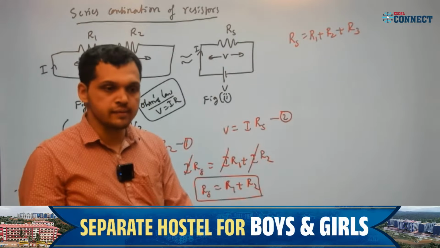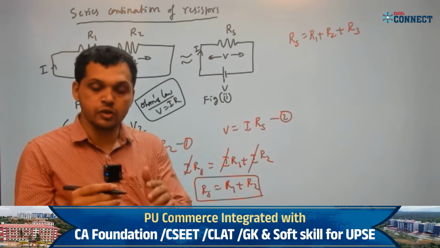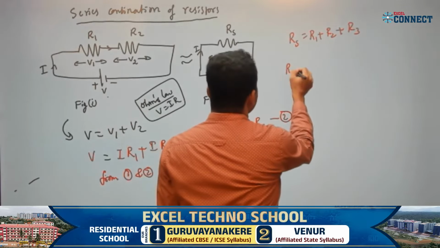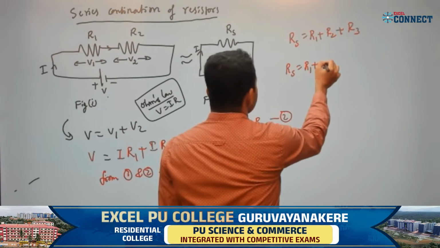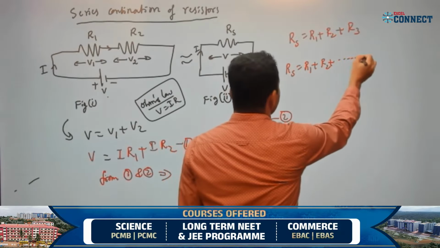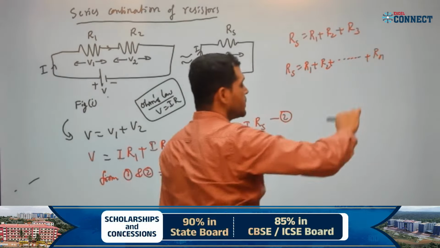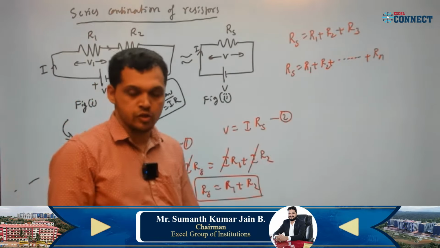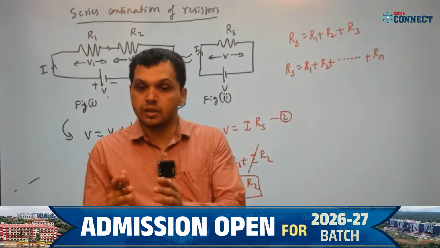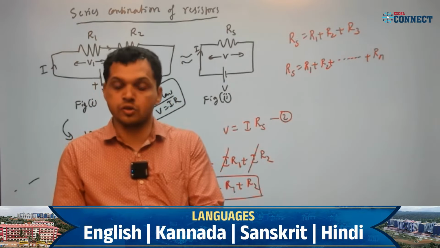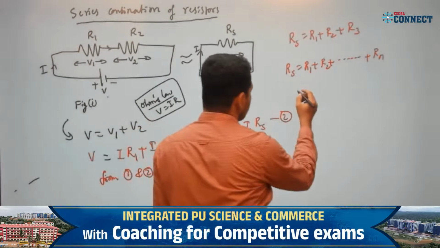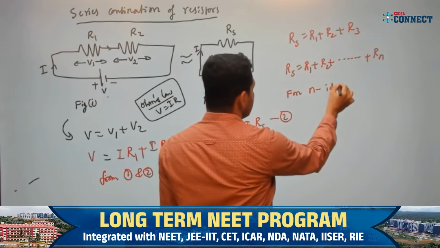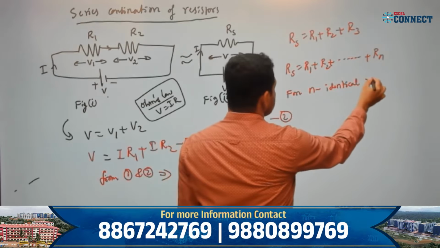For n resistors in series, n may be any value, I'll write Rs is equal to R1 plus R2 plus etc. up to Rn. For n identical resistors, the most useful equation in a combination of circuits.